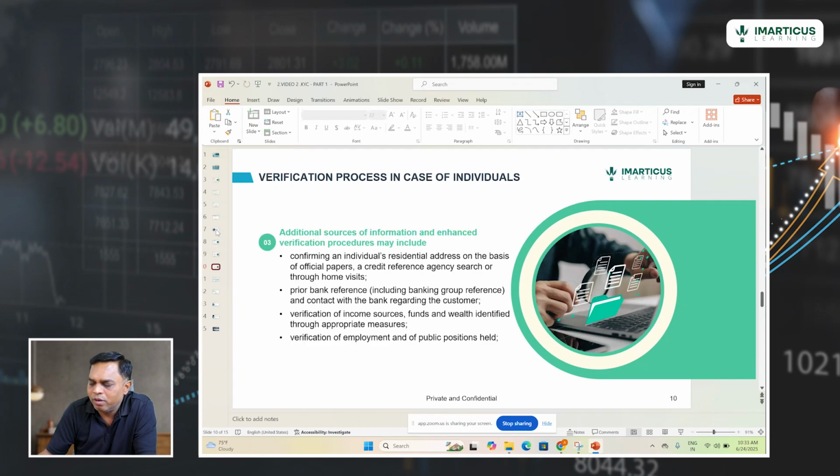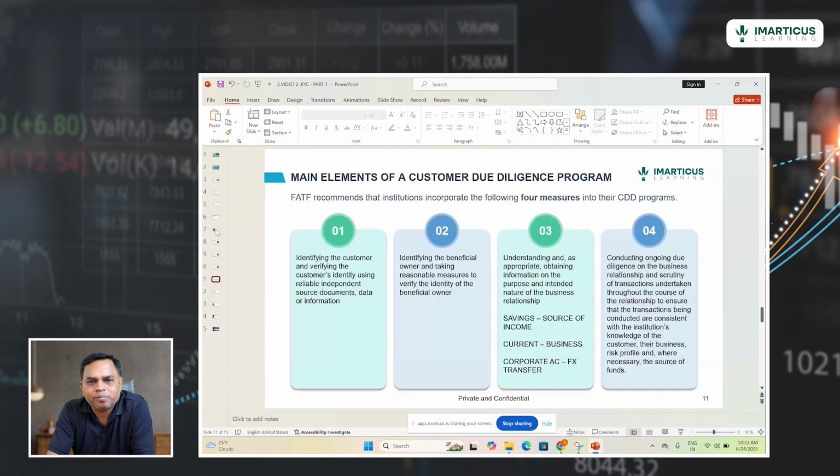So this is how the verification is actually done. Basically, we have seen what the client identification process is and how it happens. It happens through the verification process, and the verification can be documentary or non-documentary.